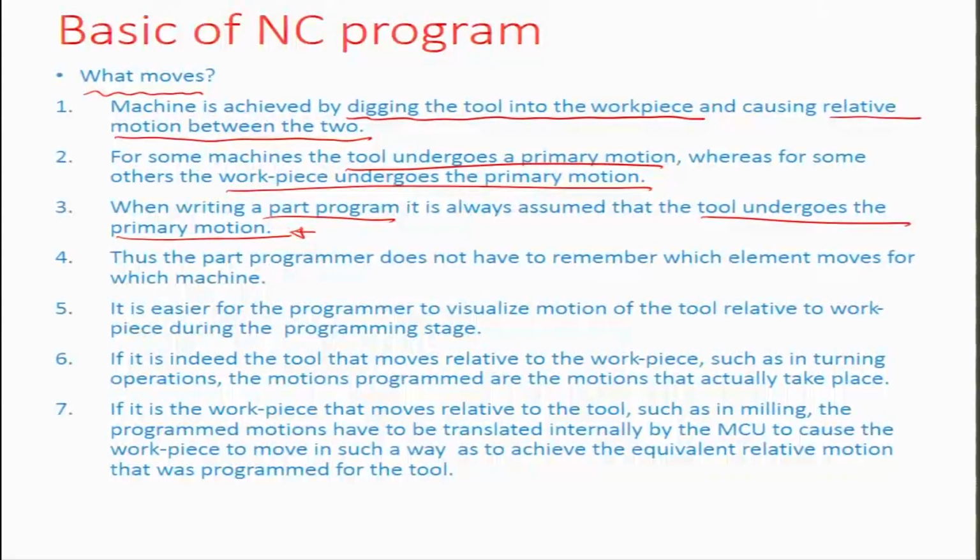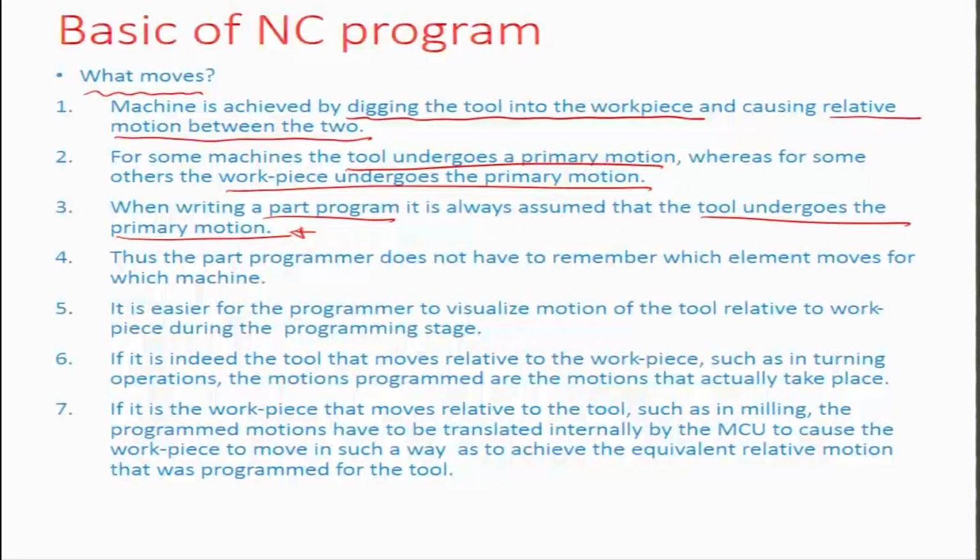That is how the controller has been set up and built, and there are some algorithms which would give you an option of deciding whether it is going to be the tool or the workpiece which would move, but that is of no significance or no concern to the programmer, who always assumes that he is a part of the tool and moves along with the tool. So, this is a very important aspect.